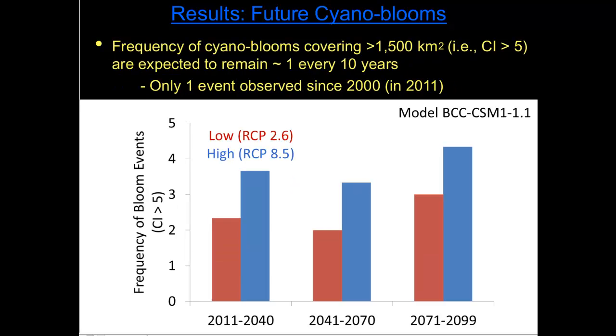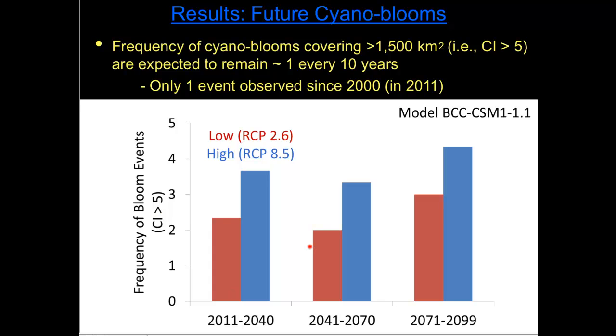When we look at larger bloom events, so here I'm talking about bloom events which are greater than 1,500 kilometers squared, and we've seen only one of these, and this is what happened in 2011, so we're talking about really large bloom events. If you look at the y-axis, we're talking about the frequency of these bloom events with a cyanobacterial index greater than 5, or covering 1,500 kilometers squared, similar to what happened in 2011.